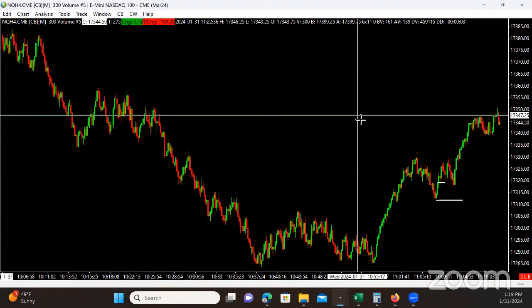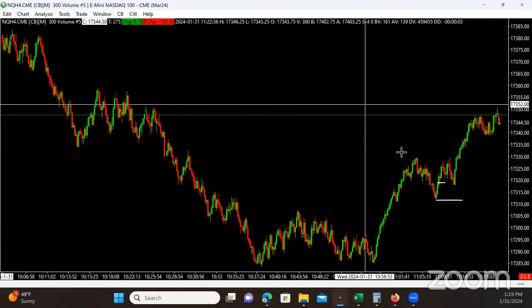Nothing wrong with having that as a profit target, but I'm going to teach you how to maximize this for monster gains, right? So you're talking about 28 points on one contract times $20 on the NQ is $560.